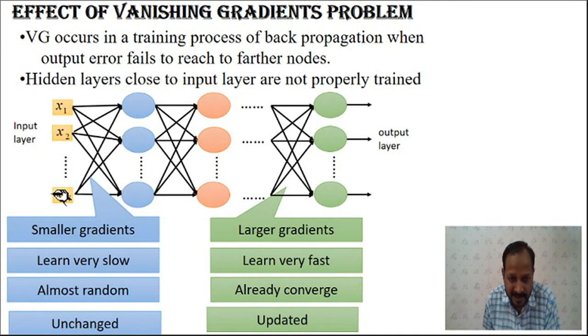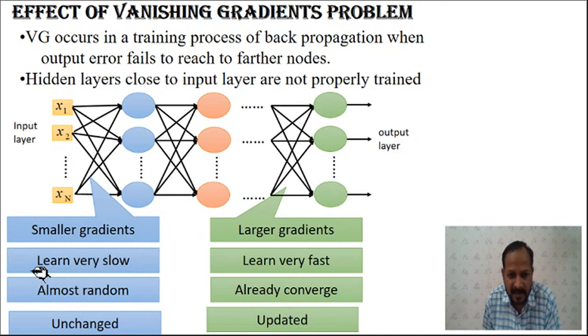So you can see this network. There is the input layer, then the hidden layers. These are the hidden layers near the input layer, this is the output layer, and some of the hidden layers are near the output layer. Because of the vanishing gradient problem, the hidden layers near the input layer have a smaller gradient, and the hidden layers near the output layer have a larger gradient.